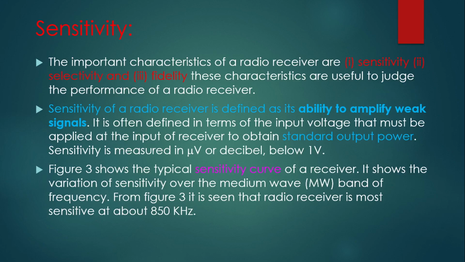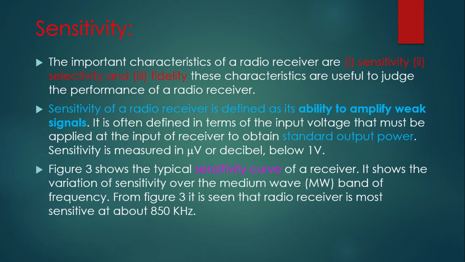Along the y-axis, the values of sensitivities are given in units of microvolt, of course less than 1 volt. A typical sensitivity curve is of this kind, as shown in this figure.